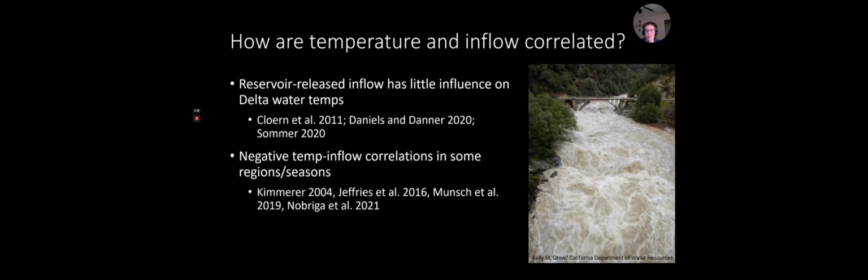The first statement is referring specifically to reservoir-released inflow, where the second is just correlations between temperature and inflow. However, there's still a lot of room to understand what the overall relationship is between these two variables throughout the whole season, all of the seasons in the estuary, as well as throughout the whole region of the delta.